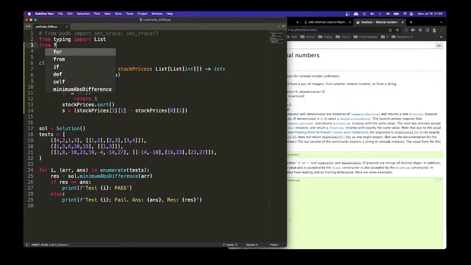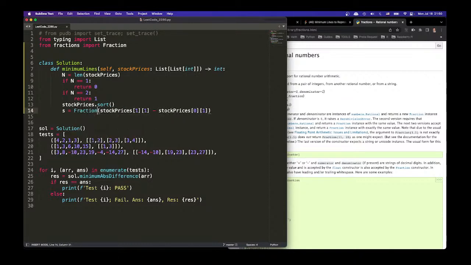So we say from fractions import Fraction. So we're gonna say s equals Fraction, this. Oh, it's this.